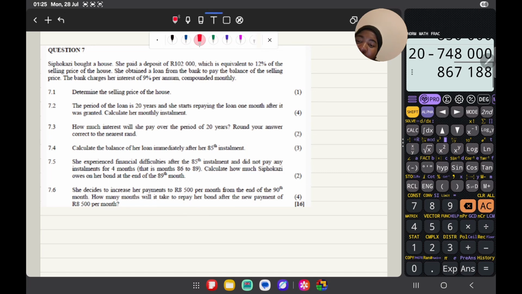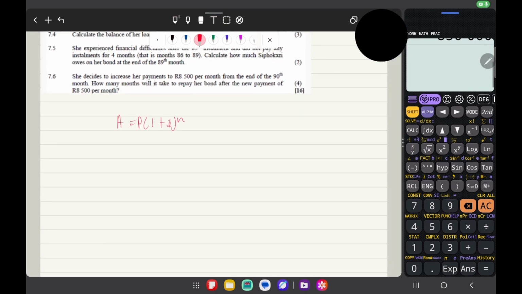So, as an example, the first thing you'll do is find out how much the loan is going to be in this time. So you do your calculation: A = P(1 + i)^n.